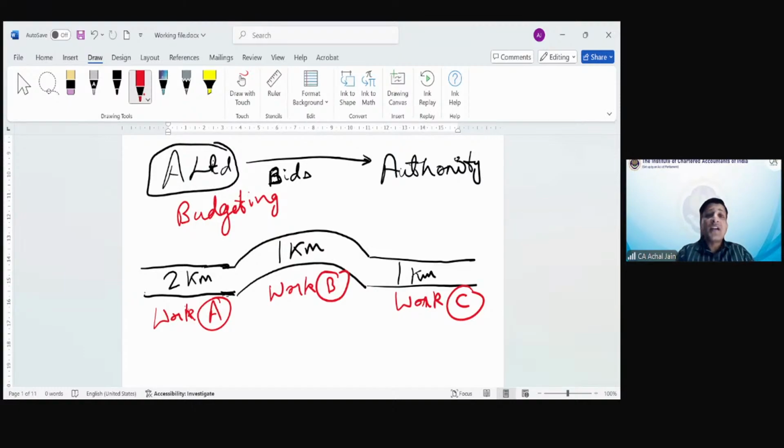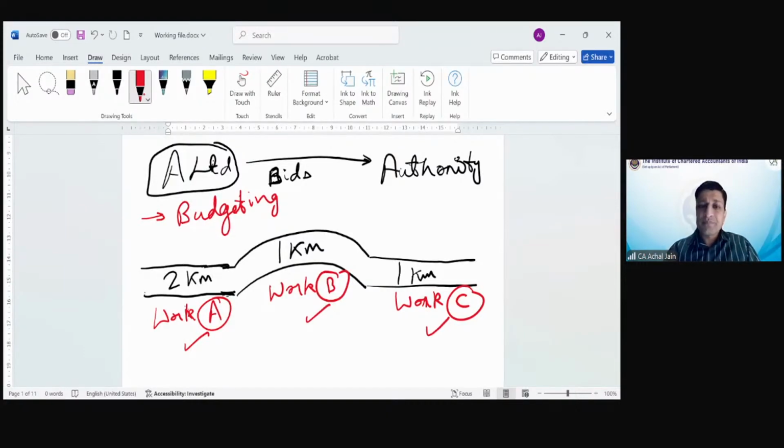The understanding is that even if separate contracts are awarded for all of these 3 works, they will be awarded to a single party.